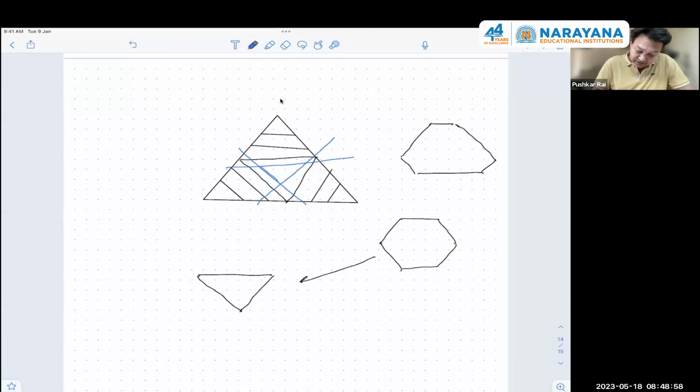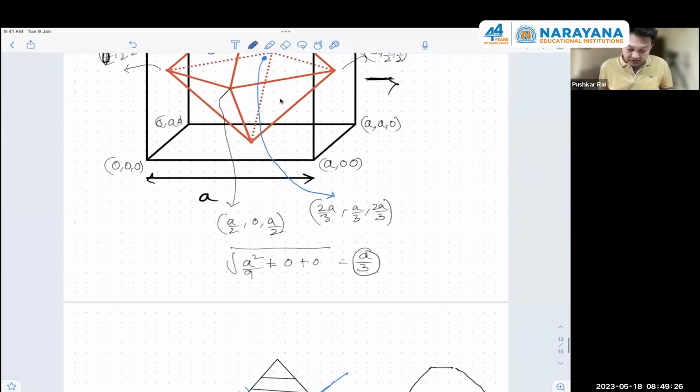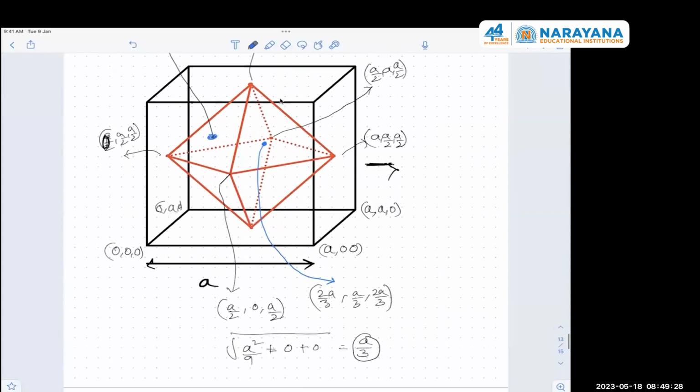So this triangle will start getting smaller. If you continue with this cutting, it will still become smaller, and smaller, and ultimately this triangle will become a point. At one point, it will become a point. That is the maximum point, and this is the point where you will get a cube. Is that clear? Yes, sir.